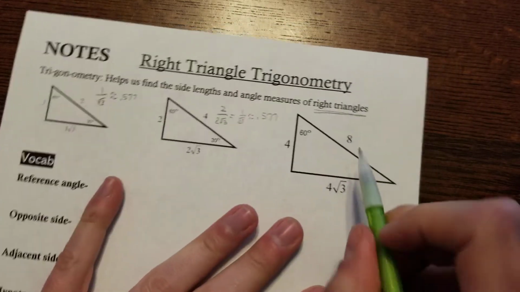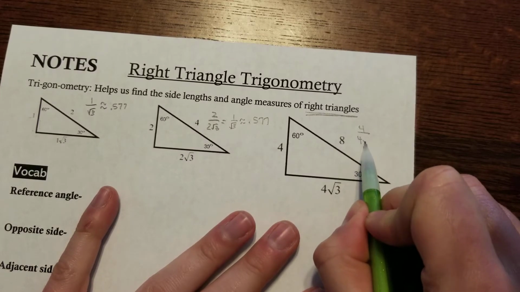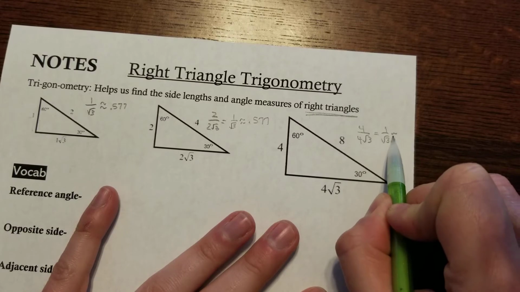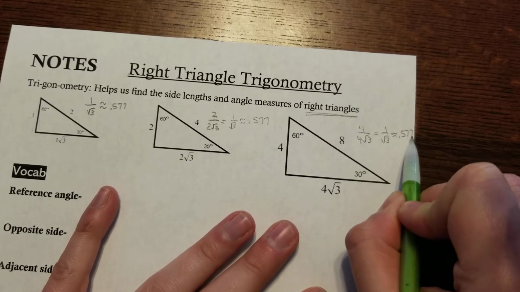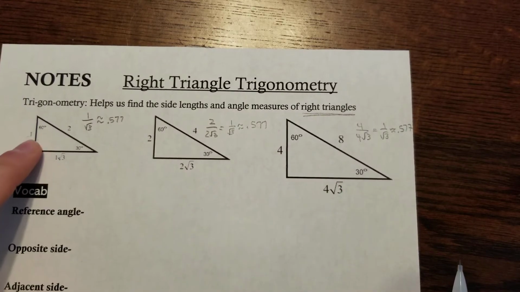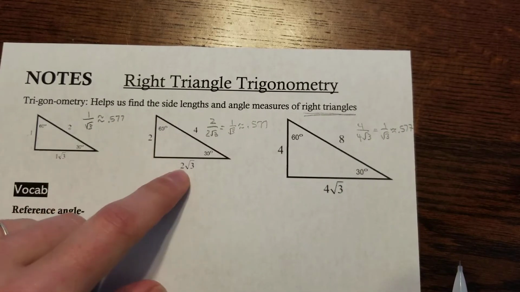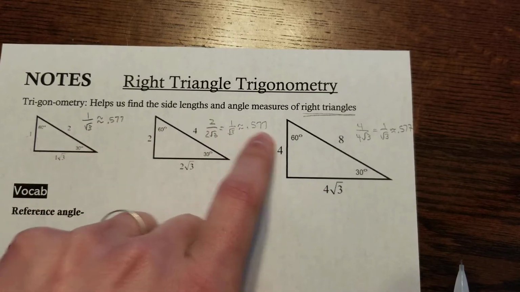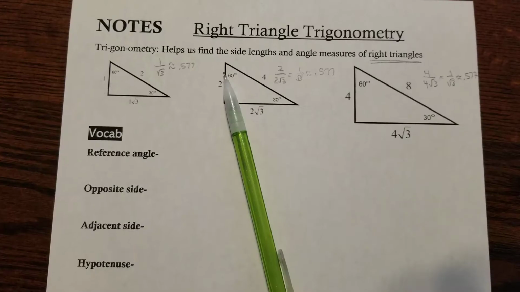So we're going to have 4 over 4 root 3, which again is 1 over root 3, which is approximately 0.577. So no matter what size my triangle is, the ratio of the same two sides of every one of these triangles gives us the exact same constant.